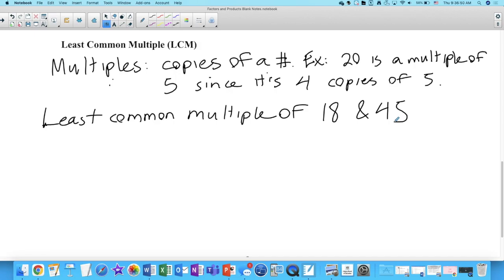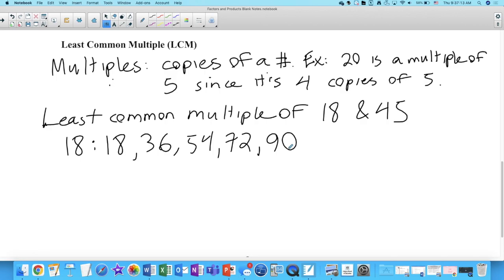Now, if you don't know what this is yet, how would you take steps to figure out what the least common multiple of 18 and 45 is? Yeah, write out a bunch of multiples. 18, 36, 54, 72, 90, 108, 126, 144, etc. Is that right?